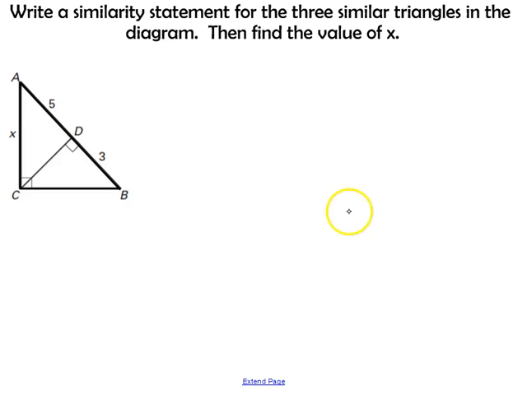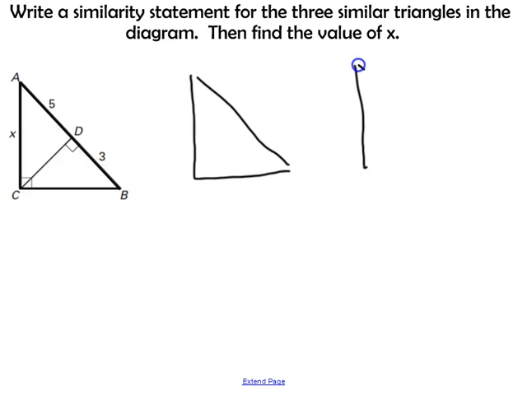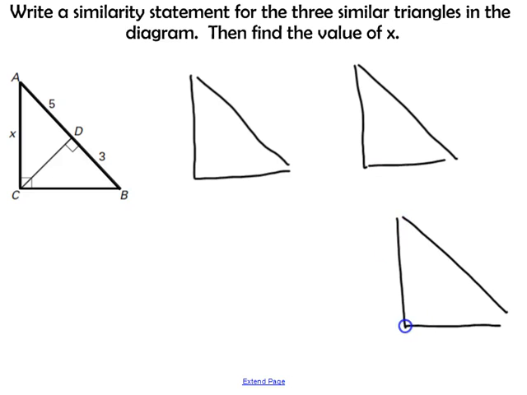So first, let's go ahead and separate the triangles. So again, take that main outside triangle, and we're going to draw three of those. And then we want to go ahead and mark those angles.